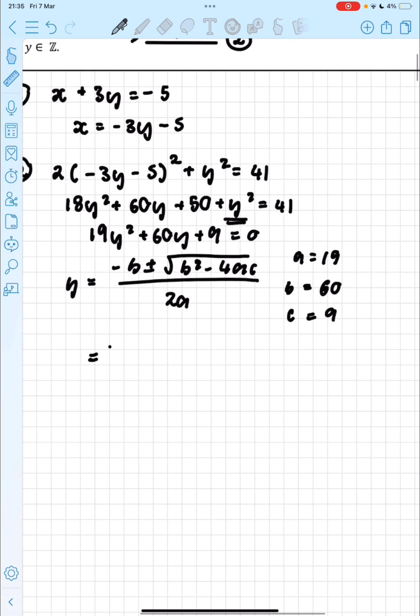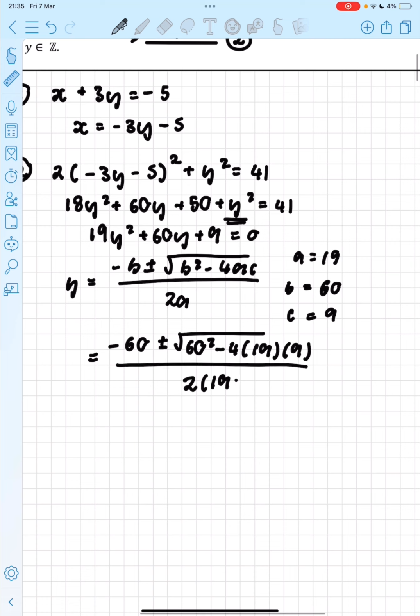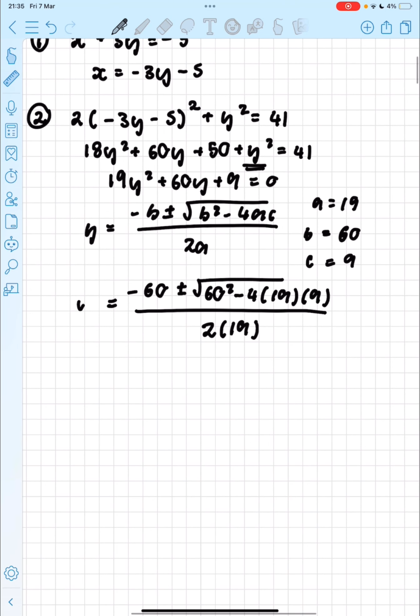If I fill that in there, minus 60 plus or minus the square root of 60 squared minus 4 times 19 times 9 all over 2 times 19. And if I put that on my calculator, I'll get two values. I'll get y is equal to minus 3 or y is equal to minus 3 over 19.